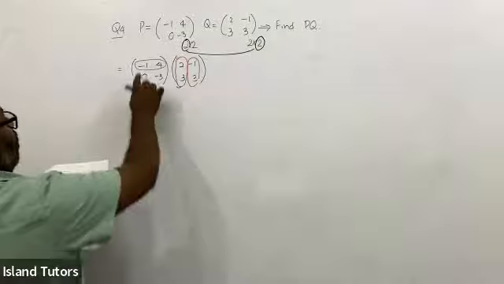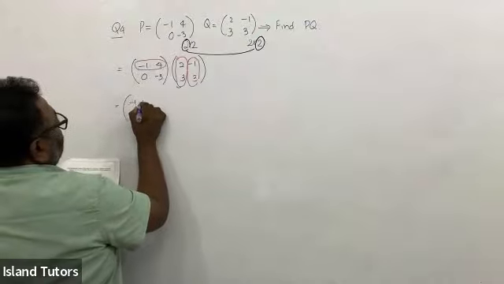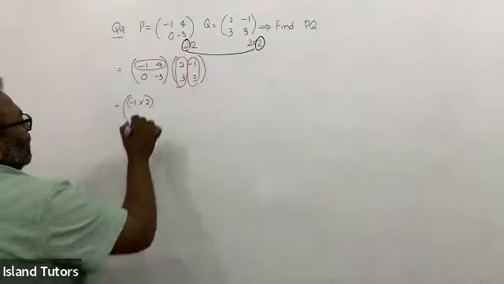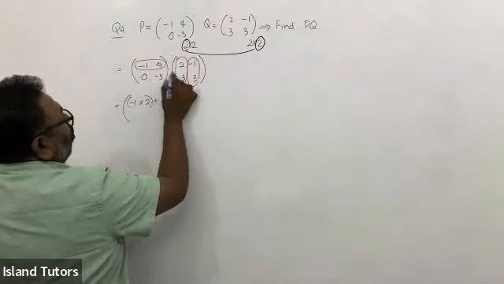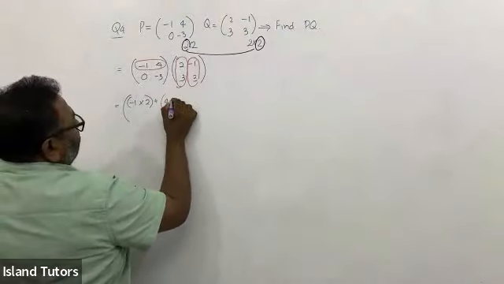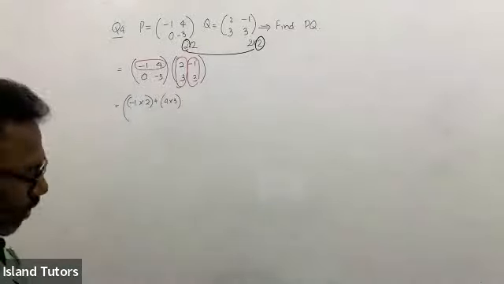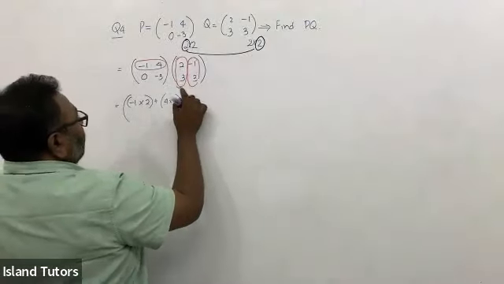So -1 multiplied by 2, plus 4 multiplied by 3.